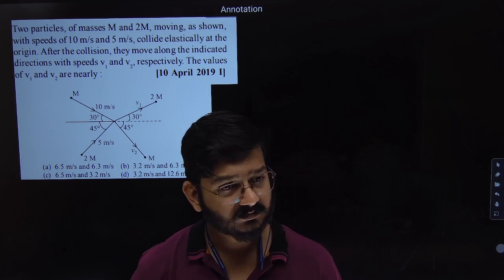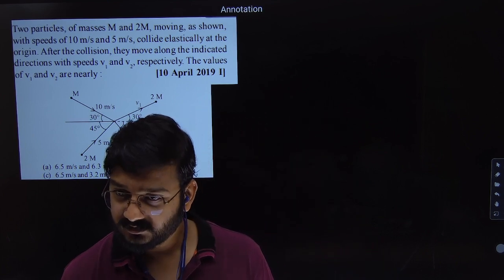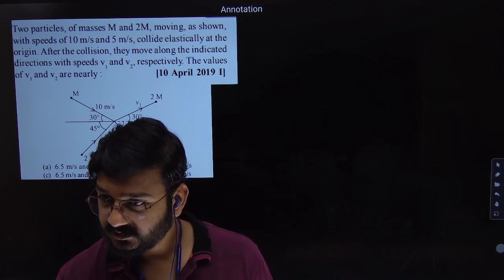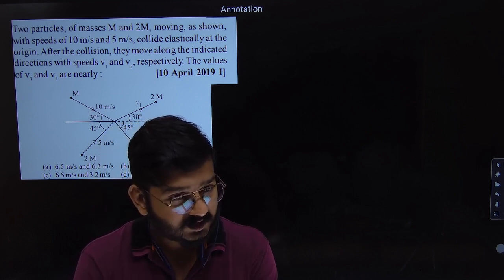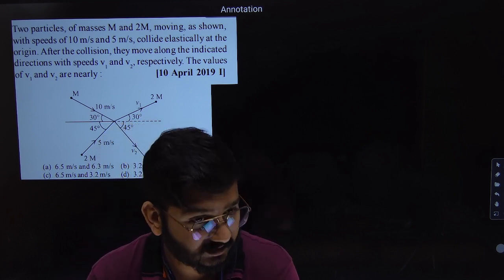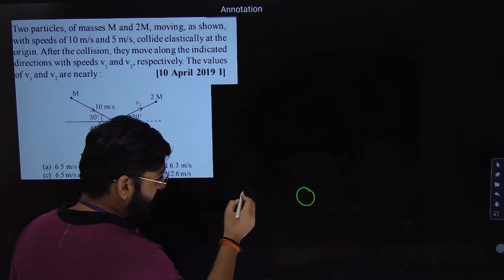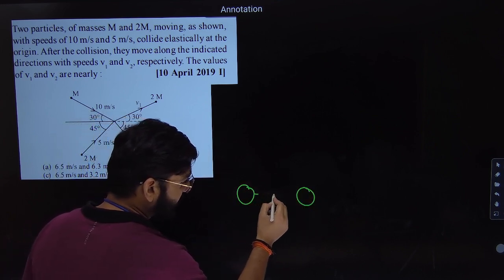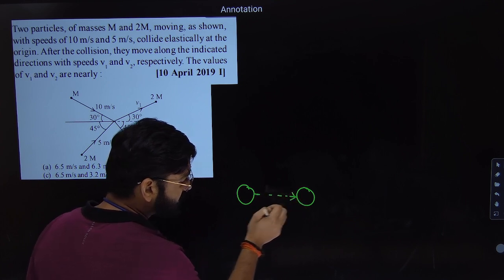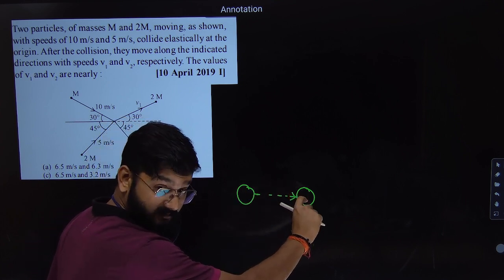Have you guys played carom or snooker? There's something called cut shot. Cut means you just touch the other coin or ball tangentially. If there is a coin here, if you hit it like this is called head on, head to head.